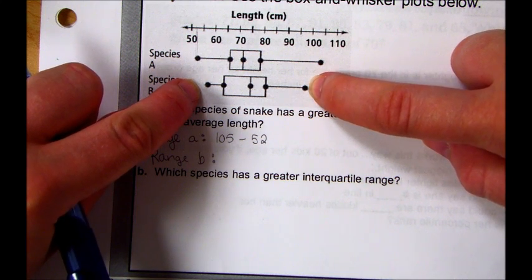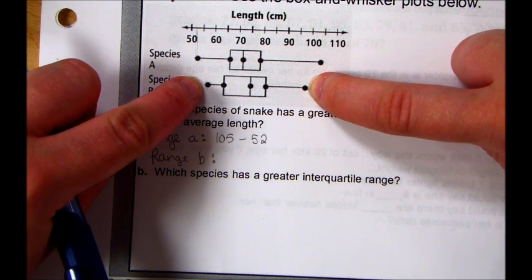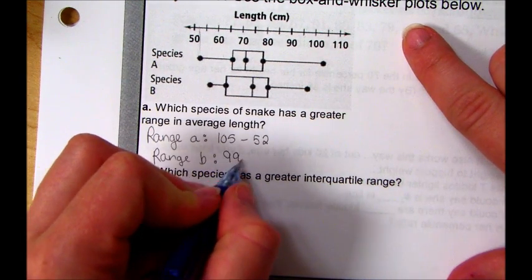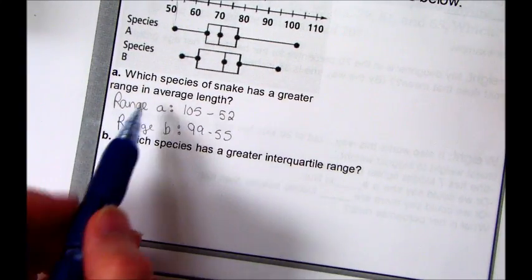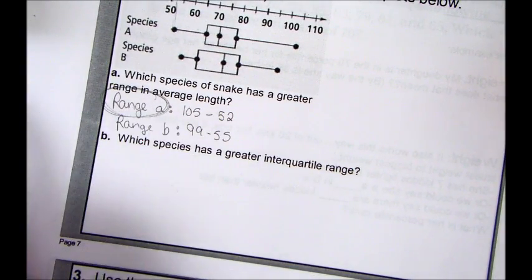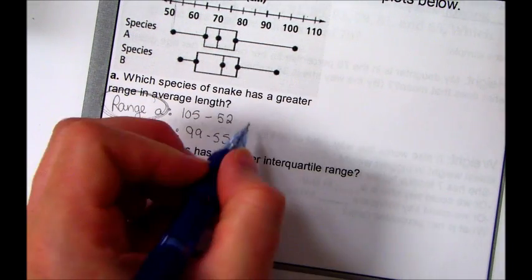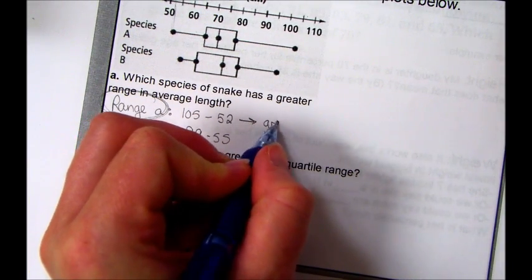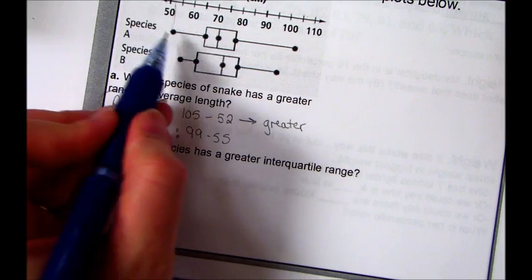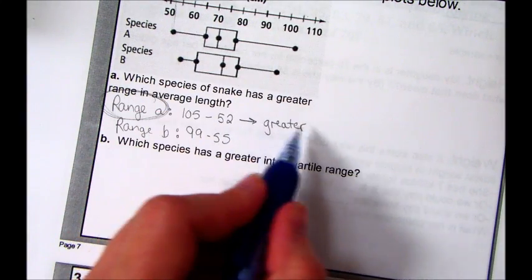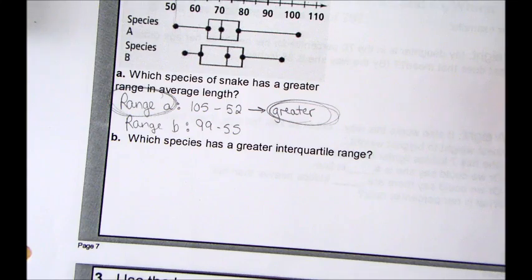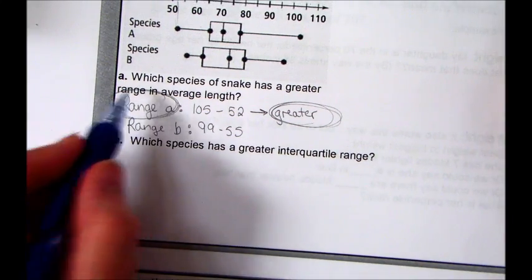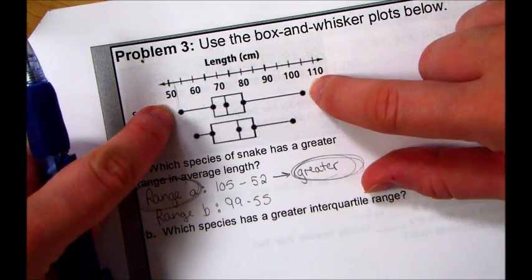That's about 99 and 55-ish, so 99 minus 55. But no matter what, even if you didn't know the numbers, you can see the range of A is a much greater span. See how it's longer from the bottom to the top? So A has the greater range of the average length. It's a lot more spread out.